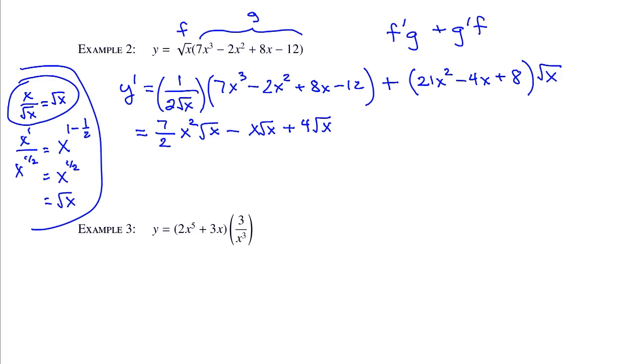Next is 12 divided by 2 is 6. And in the denominator is a square root of x. On the right side, we have 21x squared times the square root of x. So that's 21x squared square roots of x, minus 4x square roots of x, plus 8 square roots of x.